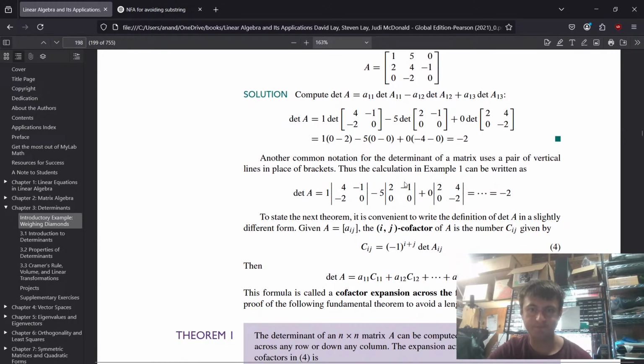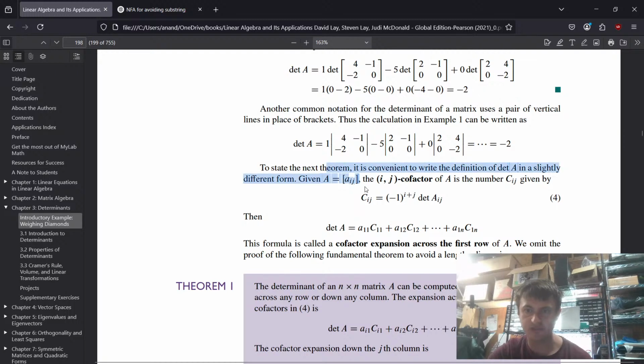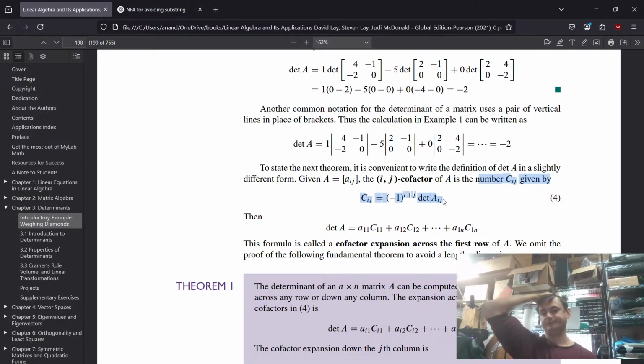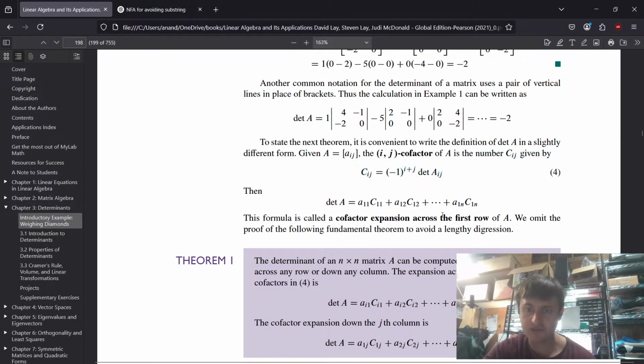Okay, an example. Okay, notation. To state the next theorem, it is convenient to write the definition of det A in a slightly different form. Given a matrix A, the ij cofactor of A is the number Cij given by this formula, which is called a cofactor expansion across the first row.